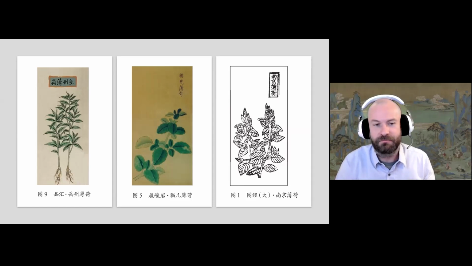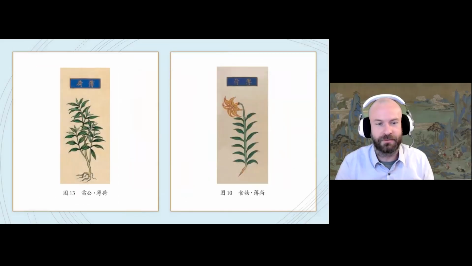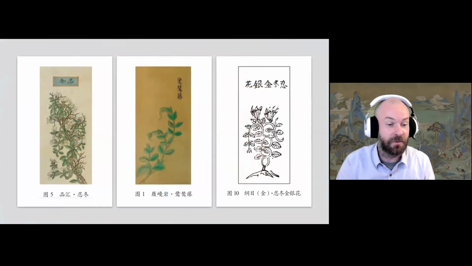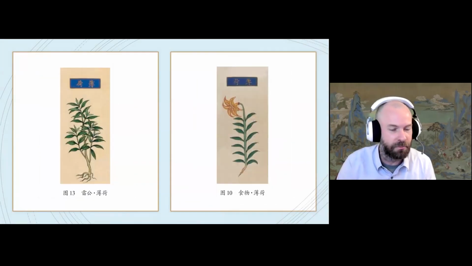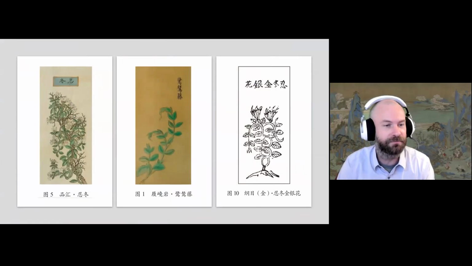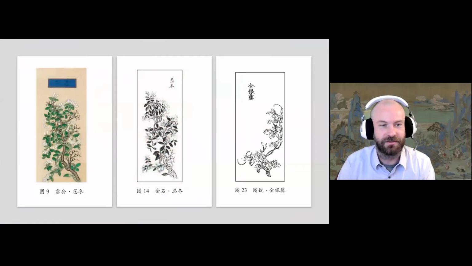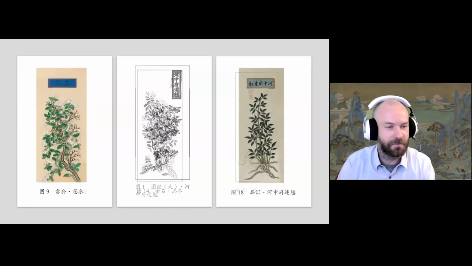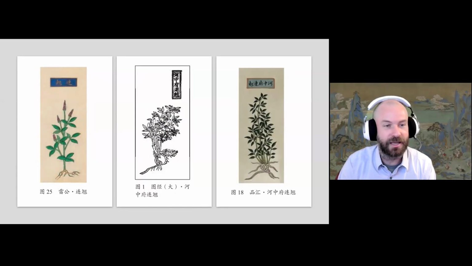So they've really looked at herbs in a lot of different ways, and I'd like to see the different ways that they were presented. So that one is also Bohe. This one is Jinyinhua, which is some really cool artwork. And this one is Lianqiao.